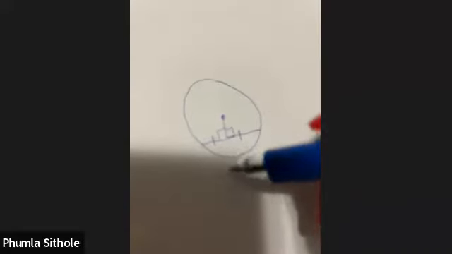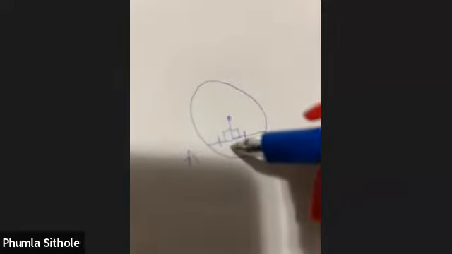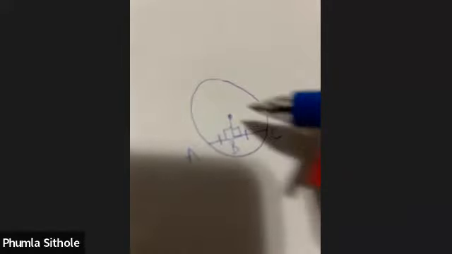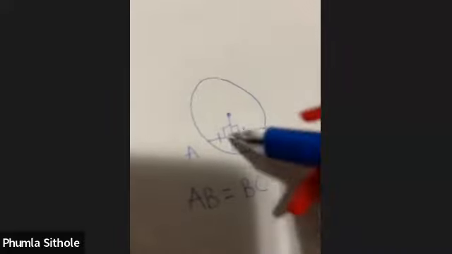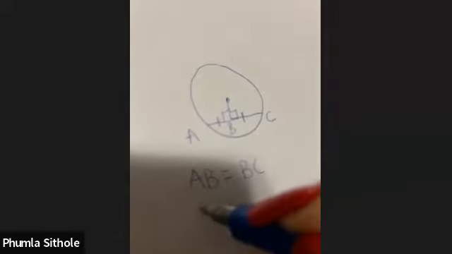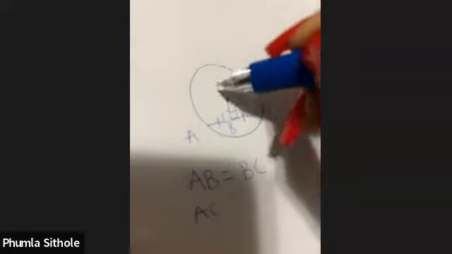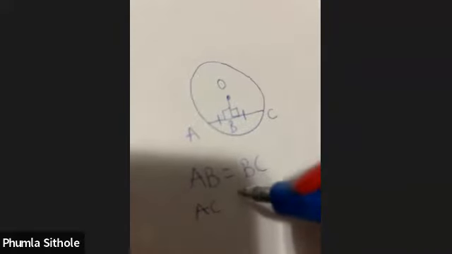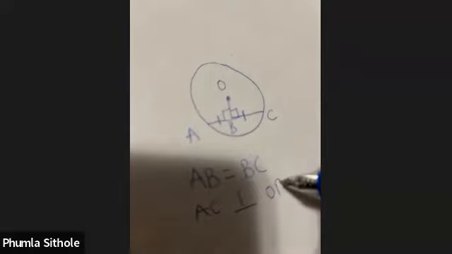So this means, okay, let's say you have A, B, and C. What you need to note from here, AB is equal to BC. These are the lines, they are equal. And also AC, let's say this was AO. AC is perpendicular to OB.